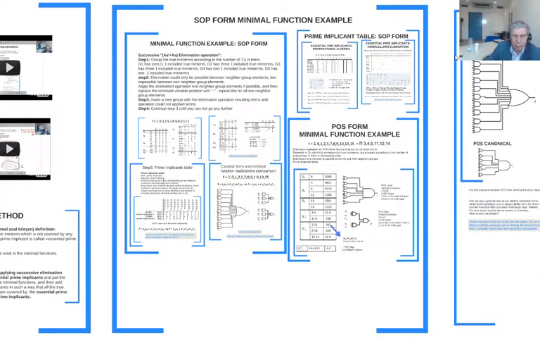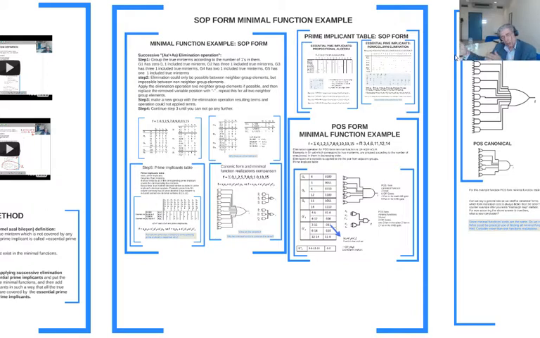In this frame, the definition of the minimal function has got two parts. One of them is AND-OR type of minimal function related with the first canonical expansion, or sum of products form minimal function. So this is one thing that we got to know.